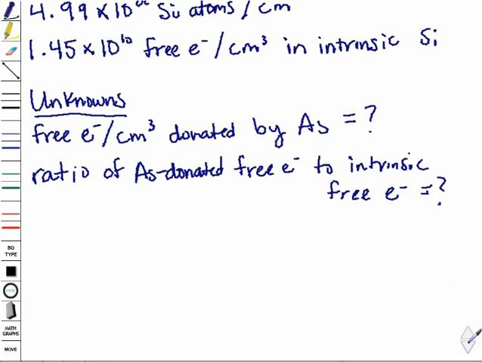Okay, in order to solve the first part of this problem, we are looking for the free electrons per centimeter cubed from arsenic. We are going to manipulate some of our knowns and do some unit conversions in order to figure out the free electrons per centimeter cubed.